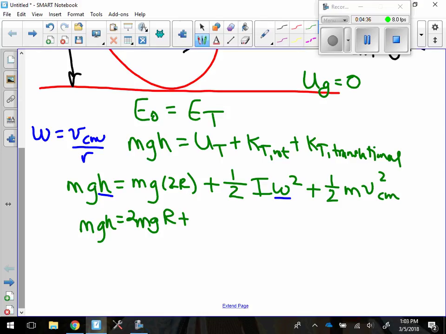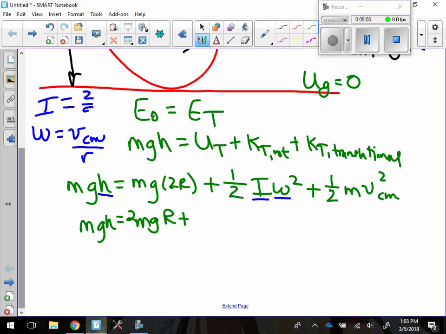Okay. And then I've also got this problem with I. If I could write I somehow, then I could cross off all my M's, right? So what's a marble? What kind of shape is a marble? A sphere. What kind of a sphere? If you think a solid sphere, as opposed to a spherical shell. So what's I going to be for that solid sphere?